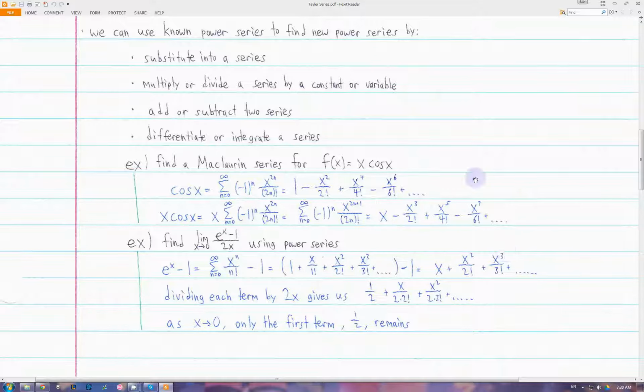And then if we divide each of these terms by 2x, we get this. x divided by 2x is 1/2, and then all the other terms still have an x remaining after the division. So when x is equal to 0, they'll all cancel out, and we just have 1/2 remaining, which of course agrees with the answer we got using L'Hopital's rule.